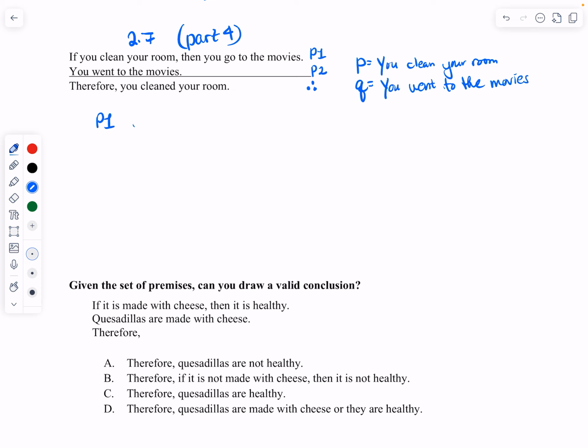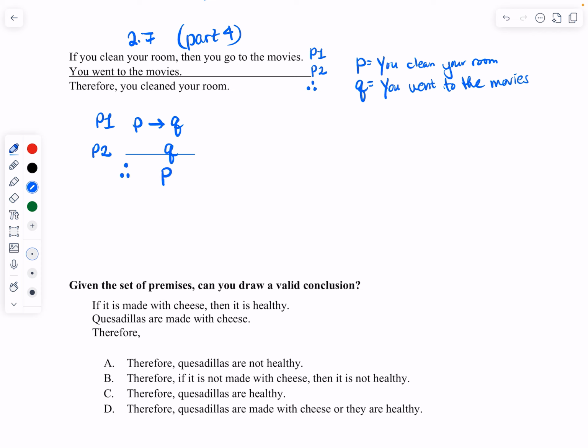If you clean your room, that's P. Then you go to the movies, that's Q. So that's the conditional. P2 says you went to the movies, that is Q. Therefore, or conclusion, you cleaned your room, that is P.